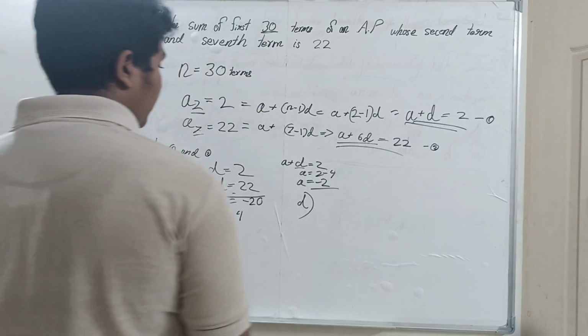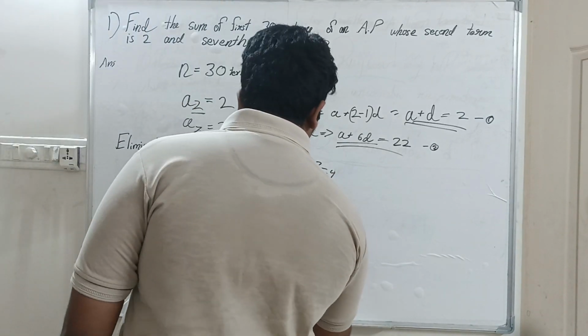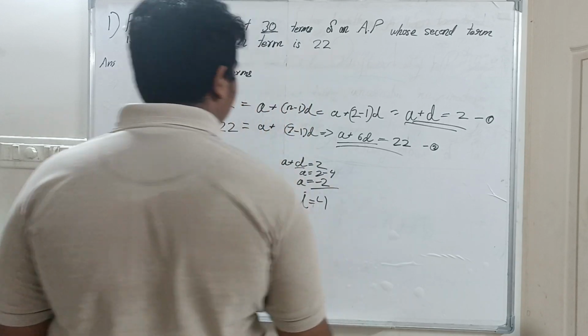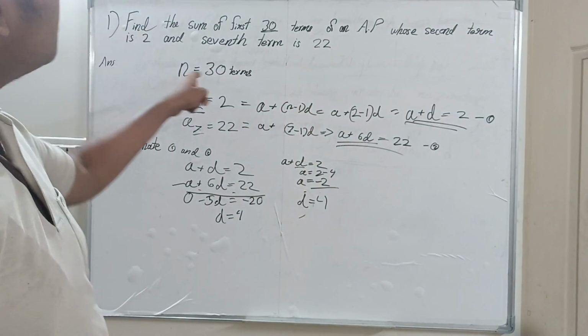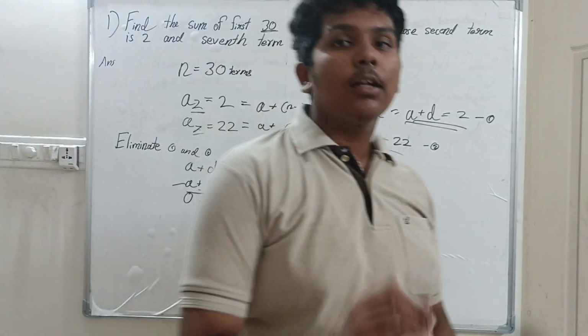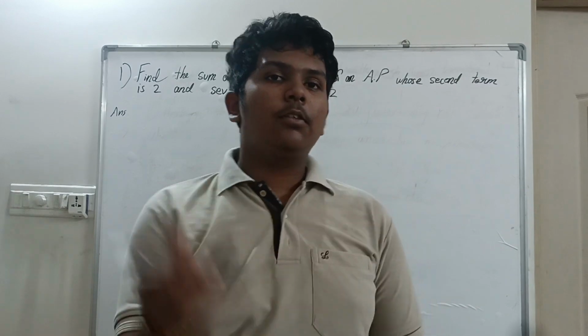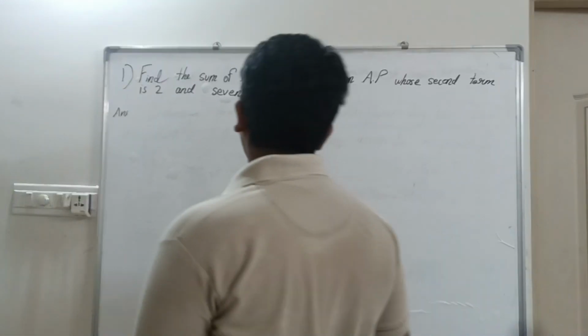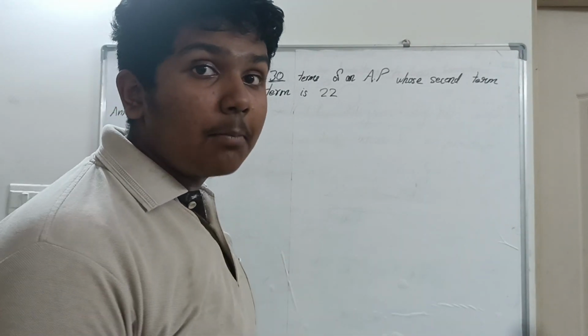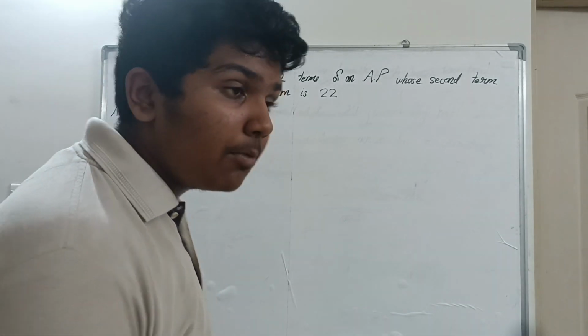But they are asking us to find the sum of the first 30 terms. Okay, so how to do the sum? What is the formula of sum of the first n terms of an AP?